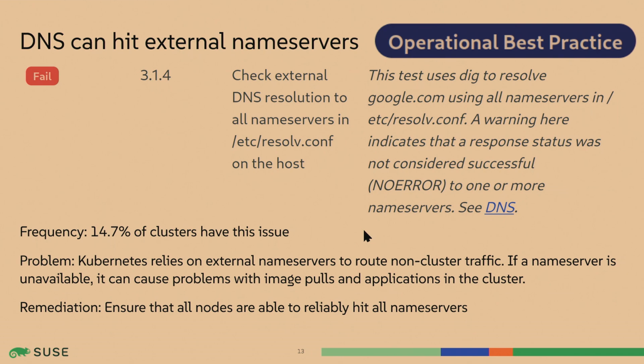This is a good thing to go in and look for. It can cause problems with image pulls and with talking to other applications. Again, a weird issue, but definitely easily fixed once found. But really hard to troubleshoot: why does this pod only fail on node 7 every time? Exactly.